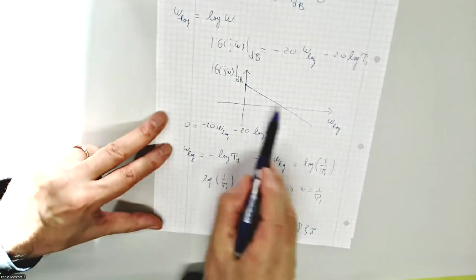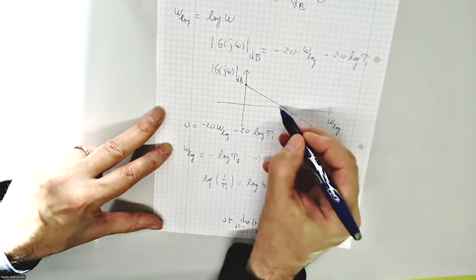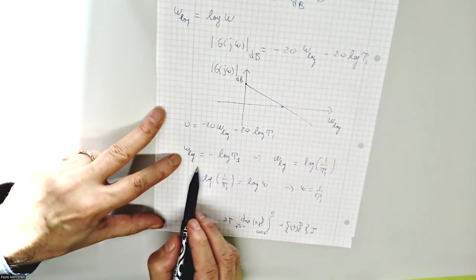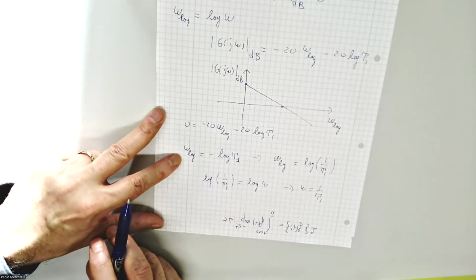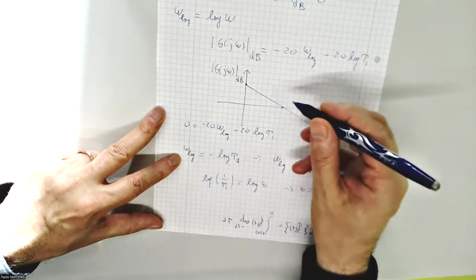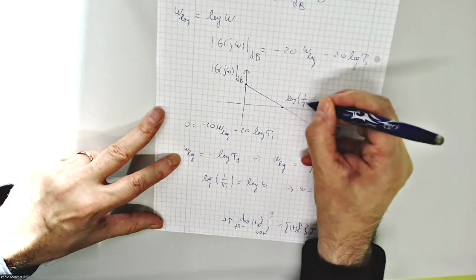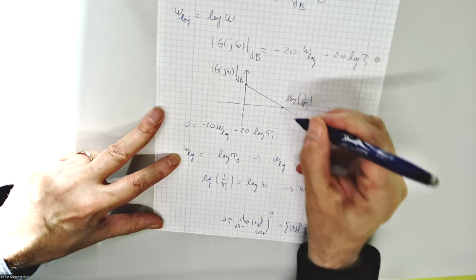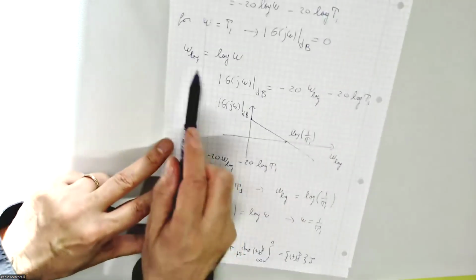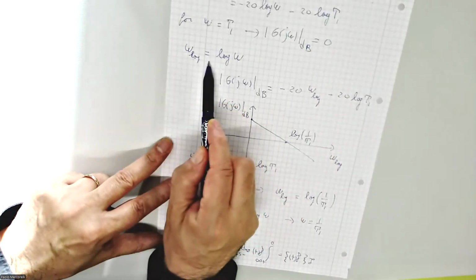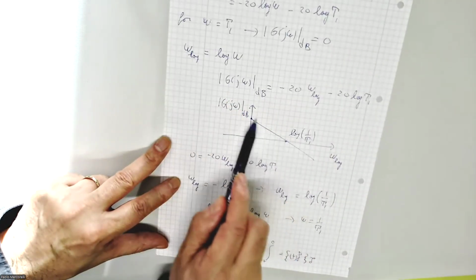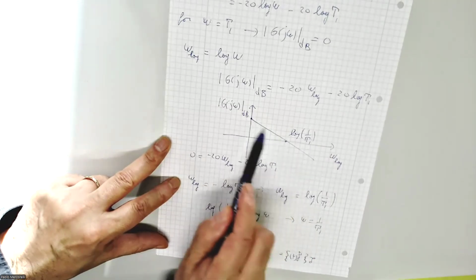I mean, here in this scale we have log of 1 over T1, with this concept, which helps to understand the linearity.